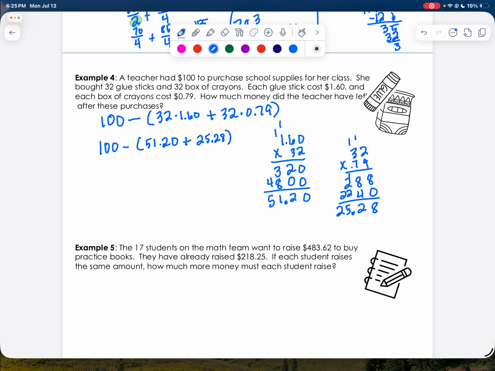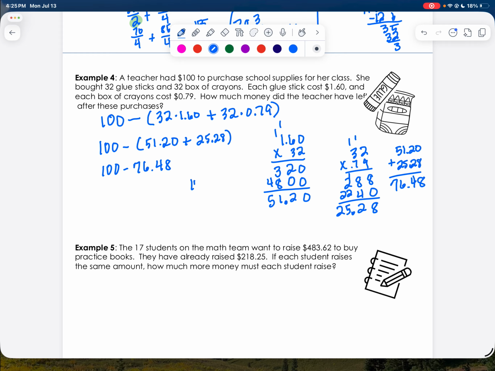So now what I want to do is add up what's in my parenthesis. So 51.20 plus 25.28. Let's see, 6. So $76 and 48 cents.